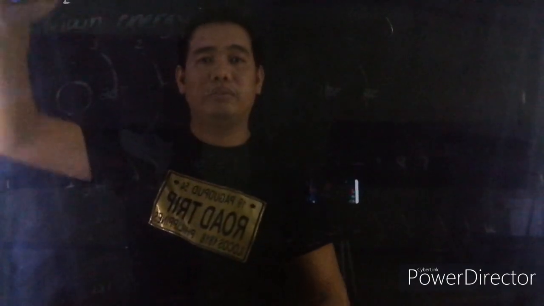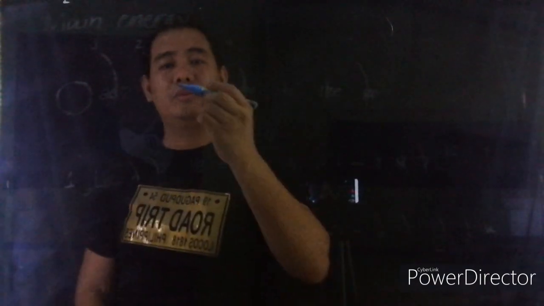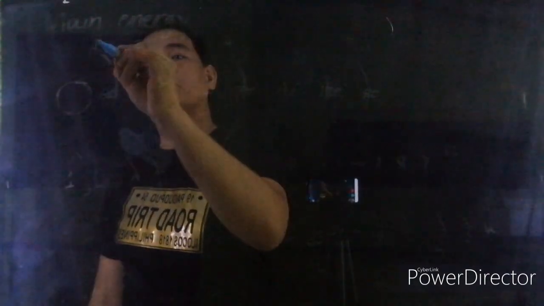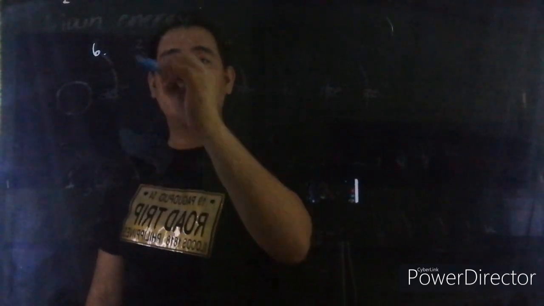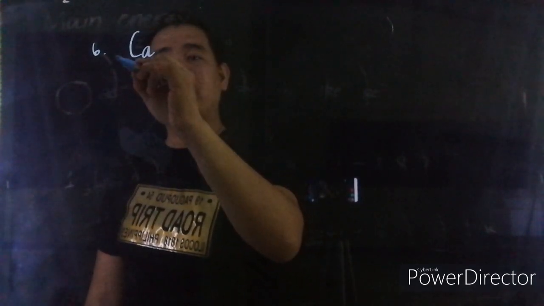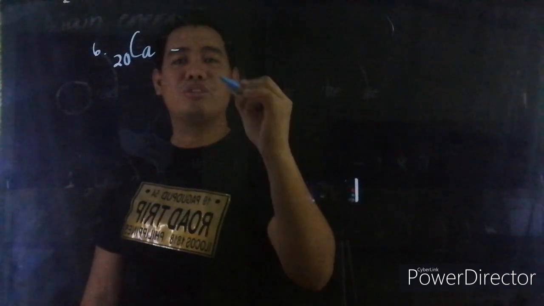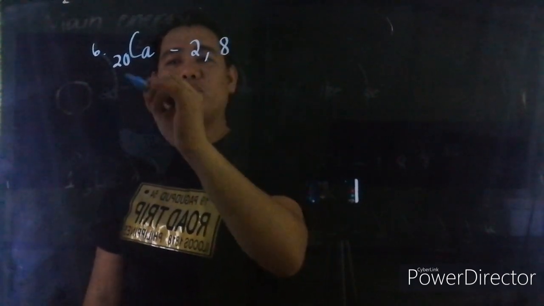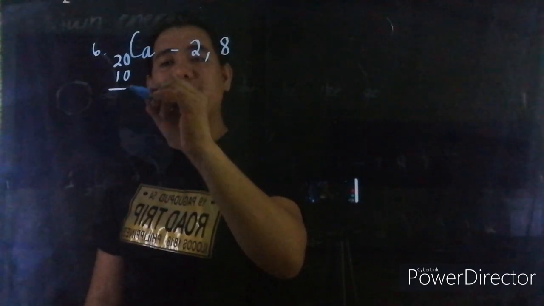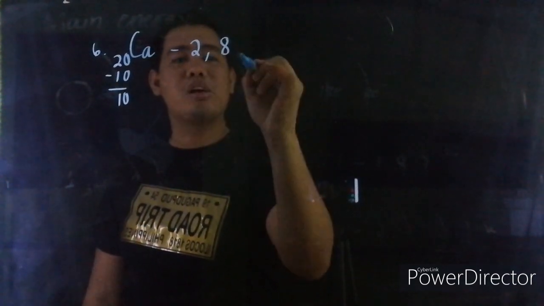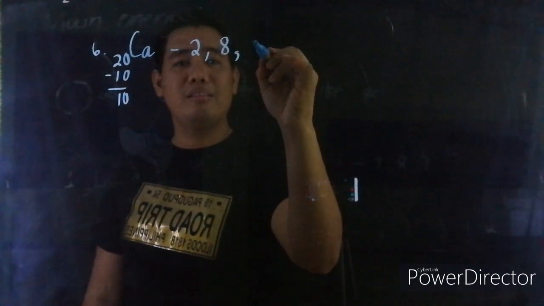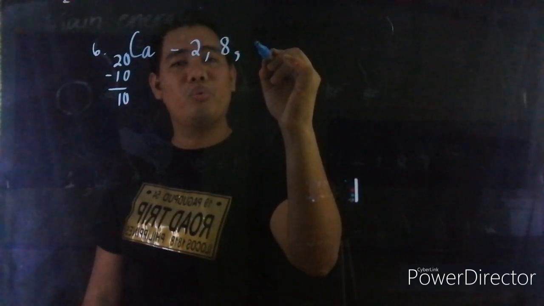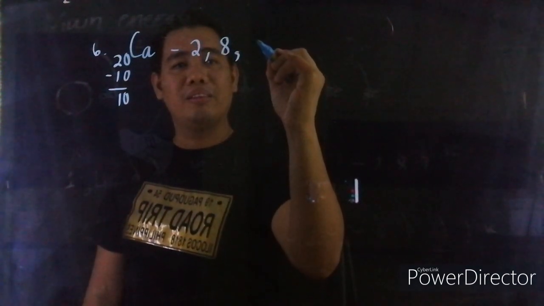Let us have the case of calcium as example number 6. So calcium is 20. So we have 2, 8. So that is 10. So we still have 10 more. Can we write 10? No, we cannot write 10.